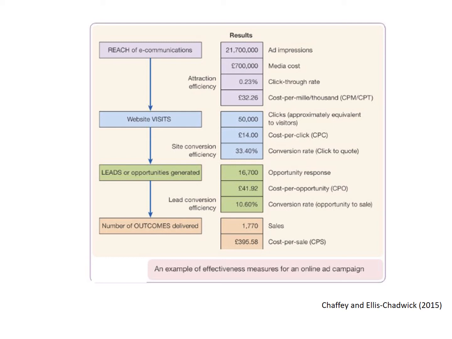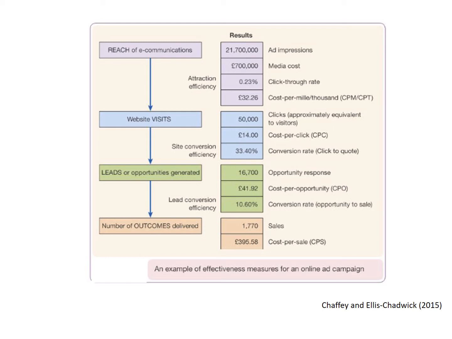So then this will enable you, if you're using other mediums and other media, you can work out what the cost per thousand impacts will be, and if you average out that the cost per thousand impacts will lead to a certain percentage of take-up of sales, then you can ultimately work out the cost per sale.